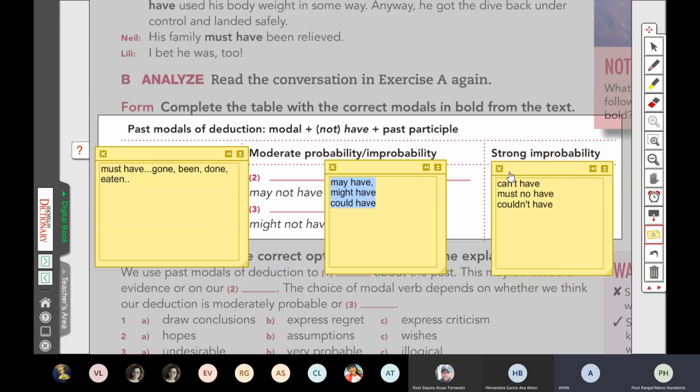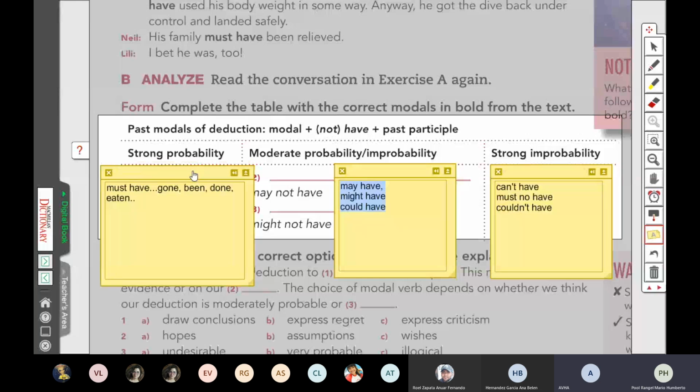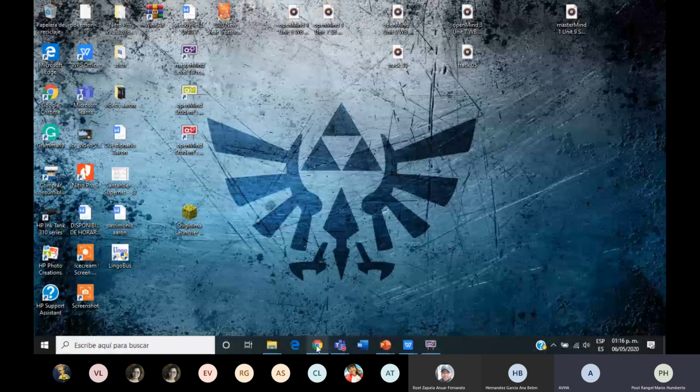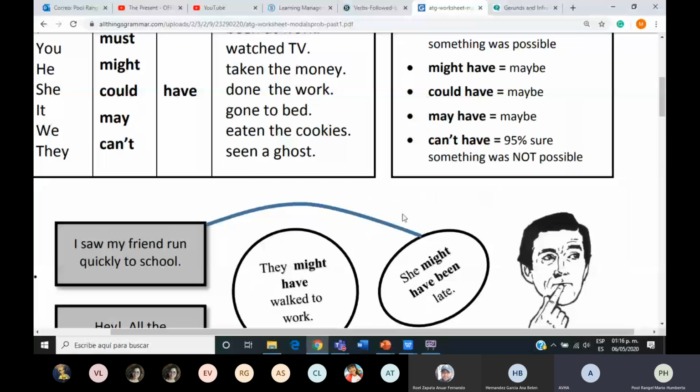Pero bueno, les digo, para efectos prácticos, en cuestión de examen y de ejercicios, sí hay posibilidad. Is there any possibility, any probability? May, might, or could, and it's going to be okay. ¿Sí? Entonces, bueno, vamos a ver. Aquí lo tenemos.